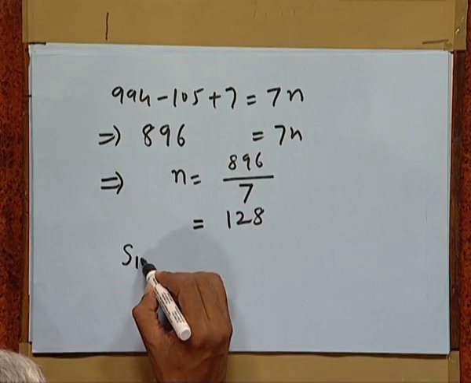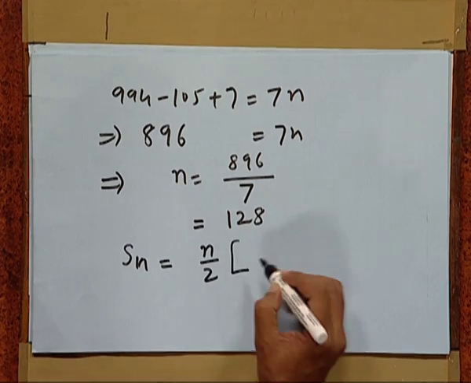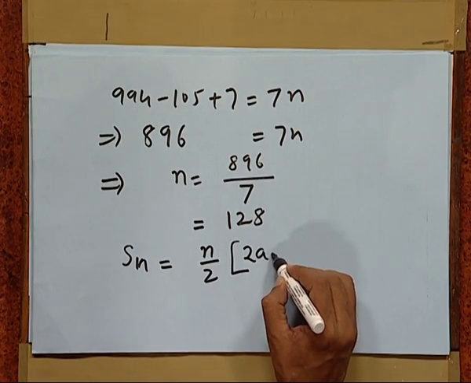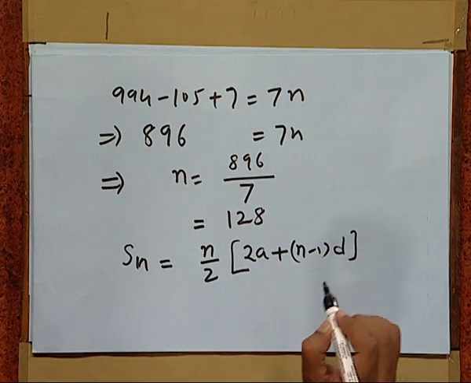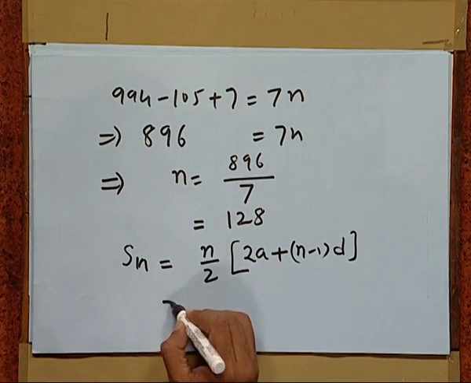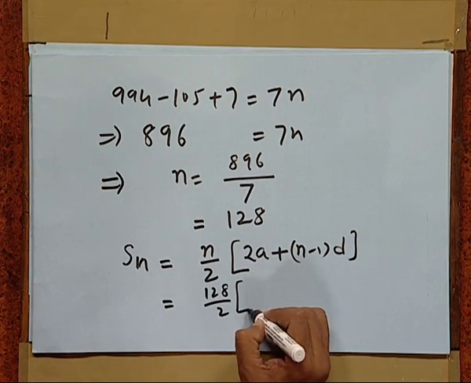Now, we are required to find the sum of all these multiples. For this, we write n by 2 times [2a plus n minus 1 d], that equals 128 by 2.